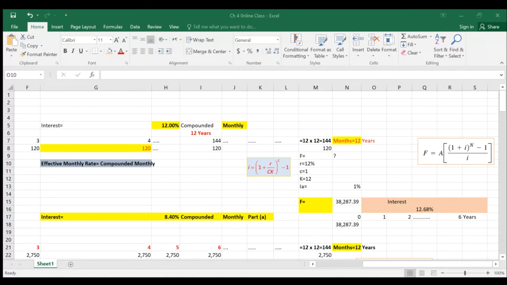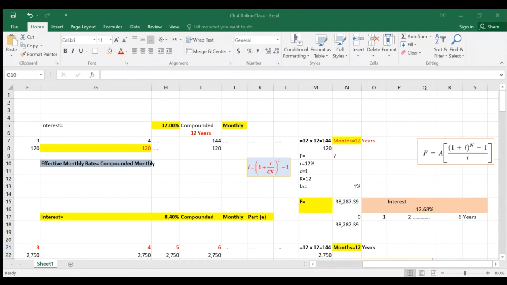Now I will repeat this question again. In this question, first we calculated the future value of 120 for every month for 12 years. In that case we first have to use the formula F equals A, to calculate the future amount of an annuity.